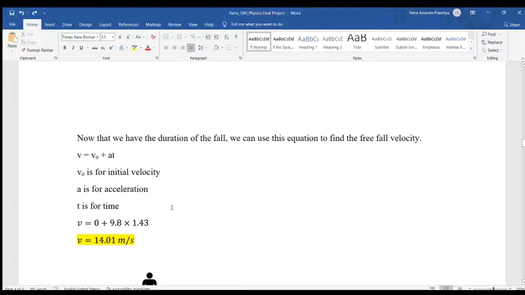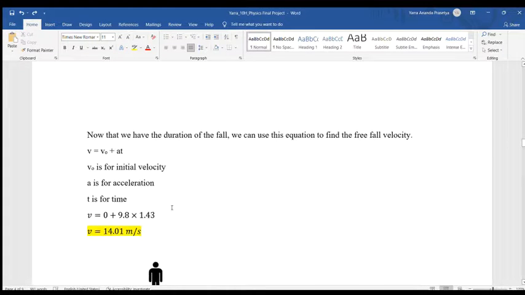So now we have to find the free fall velocity. So v equals v_0 plus at. v is the final velocity, right? v_0 is the initial velocity, a is acceleration, and t is time. So we know that the initial velocity is 0, so we input that as 0.